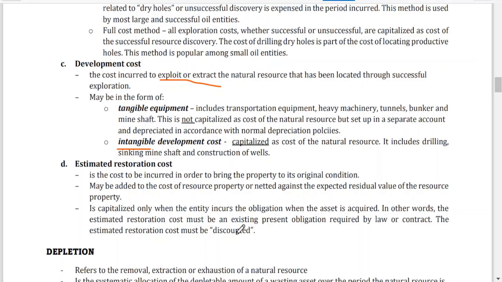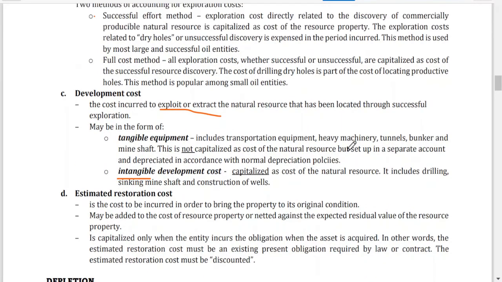Okay? And there are costs related to the restoration. So, i-estimate na daan pagpalit kung pila man ka ang magastuan ni kung ato aning ibalik ang area to its original condition. And then, pag nanatay cost, it should be discounted, meaning you're going to get the present value, and this amount will be added to the cost of the property.